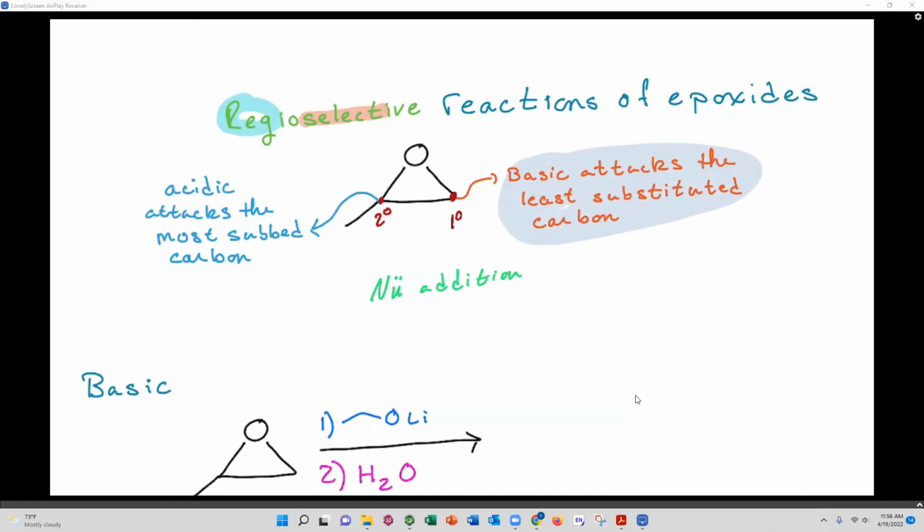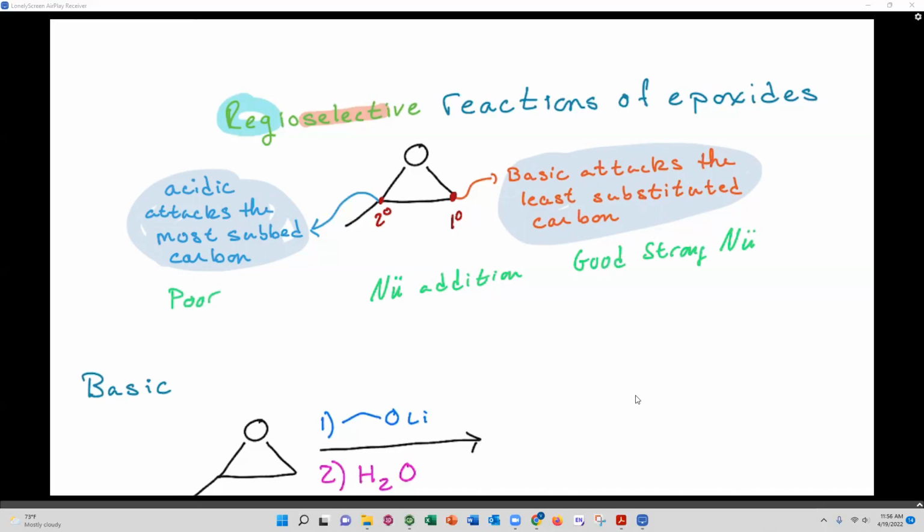And under acidic conditions, the nucleophile will attack the more substituted carbon, okay? Under basic conditions, we need a good, strong nucleophile. But under acidic conditions, we can have a poor nucleophile. And I'll go into the whens and whys in class.